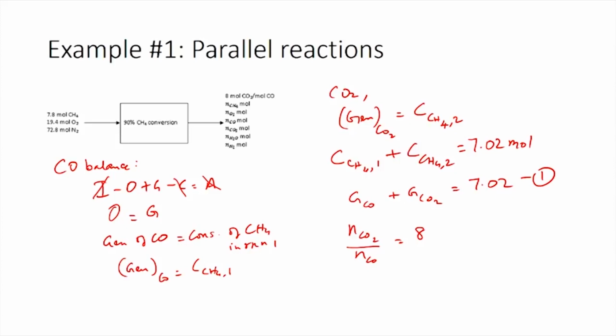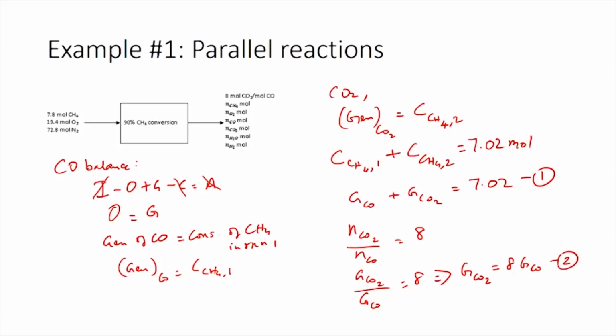So, substituting the generation terms here again, we would have GCO2 divided by GCO equal to 8, giving you the equation GCO2 equals 8 GCO. So, this is the second equation.